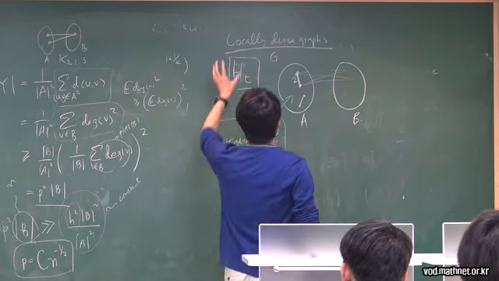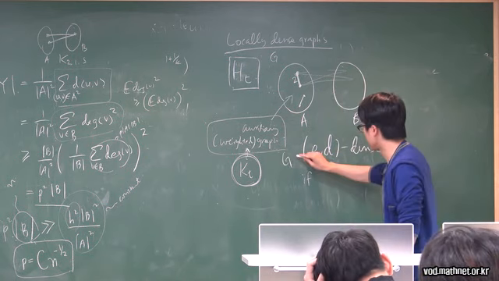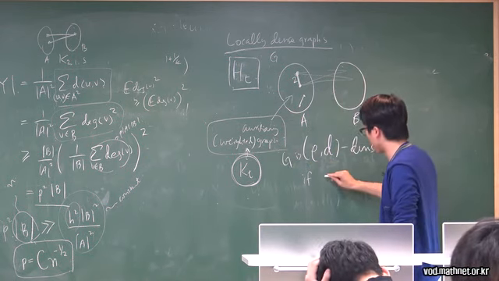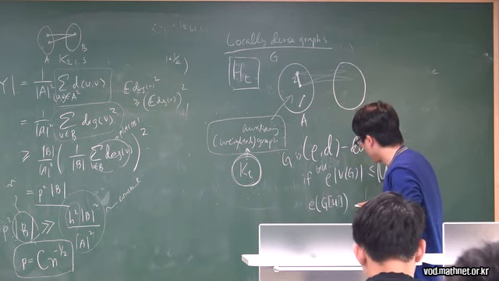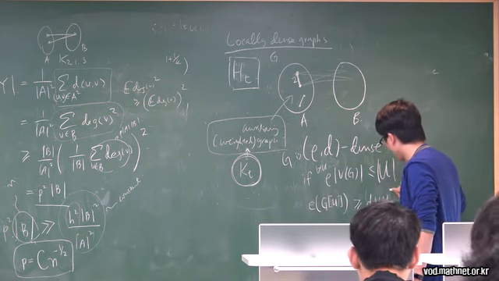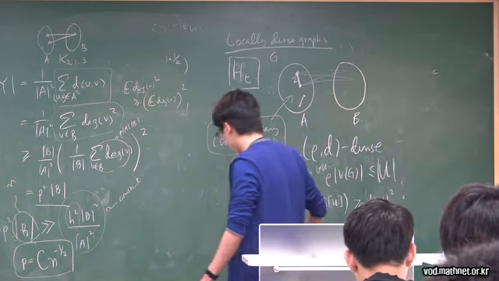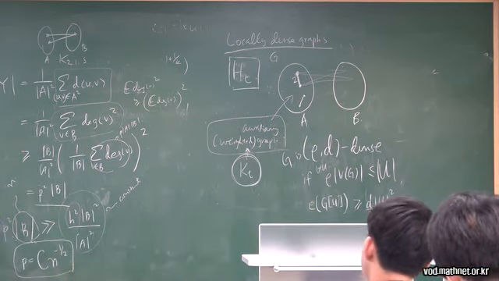To find the copy of KT here, we borrow this concept of locally dense graphs from Ramsey theory. A graph G is rho-d dense if for any U with a rho portion of the vertices, the edges induced in U, so the induced graph on U, has density at least d.